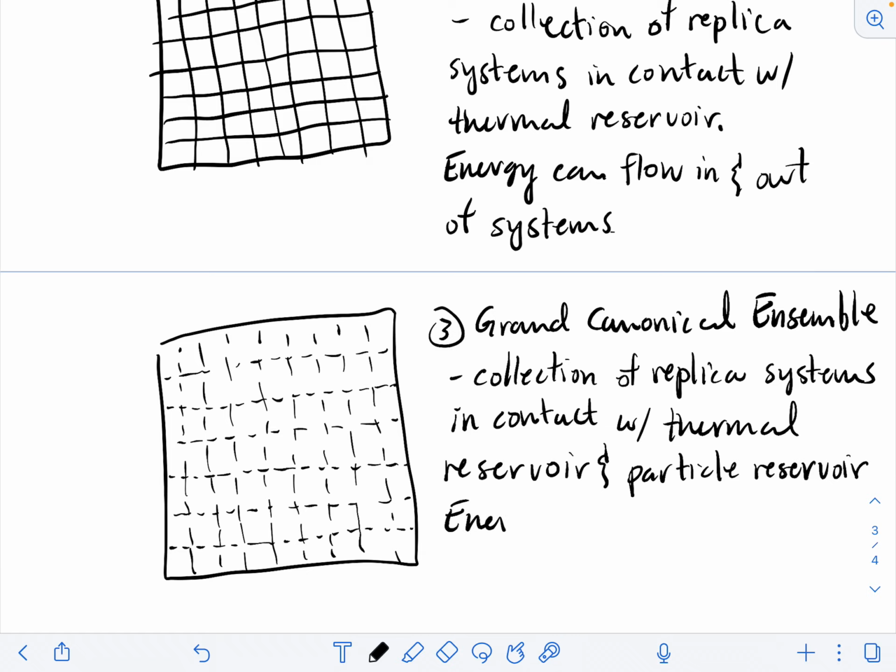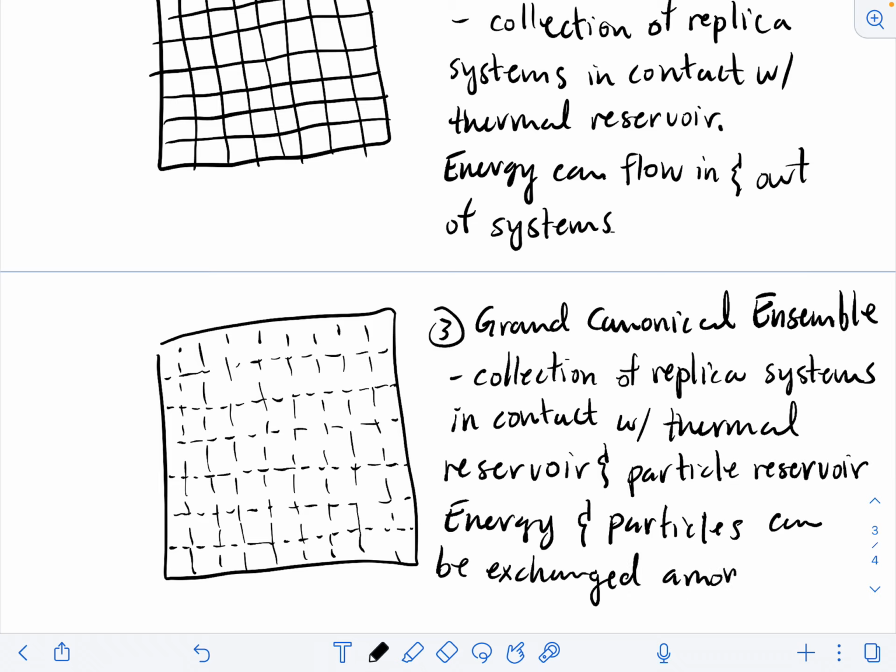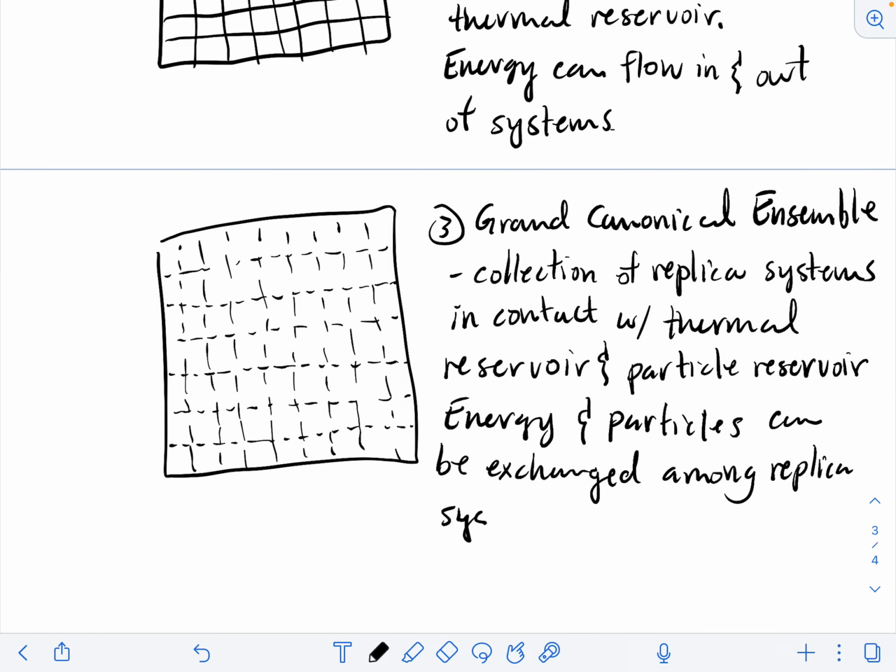Energy and particles can be exchanged among the replica systems. Okay, however, the entire ensemble has, again, a fixed total energy and a fixed number of total particles.